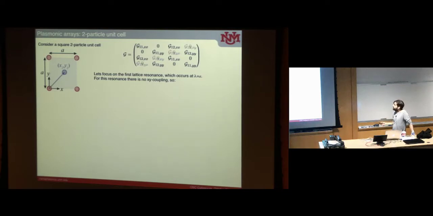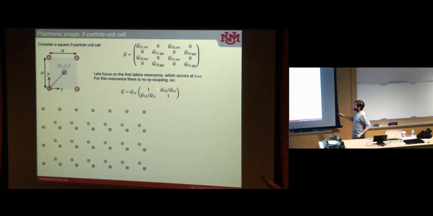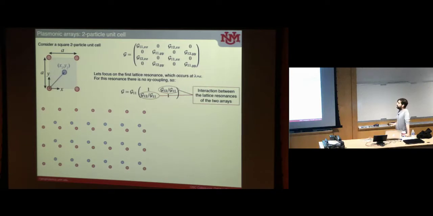And therefore, this matrix becomes much smaller. Actually, it can be reduced to essentially a 2 by 2 matrix, like this, where you see I have taken the lattice sum of the single lattice outside, and then I have here just the relative coupling between the 2 arrays. So that's everything you need to know in order to describe your system.